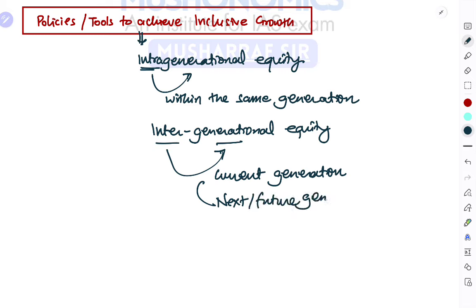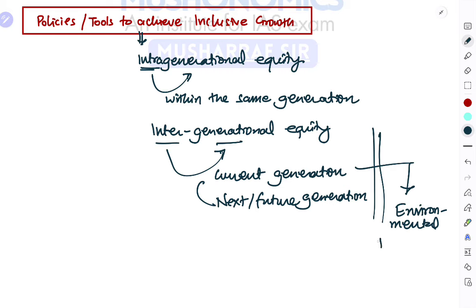So this is intergenerational, and that's why here we talk mainly about environmental and debt management.